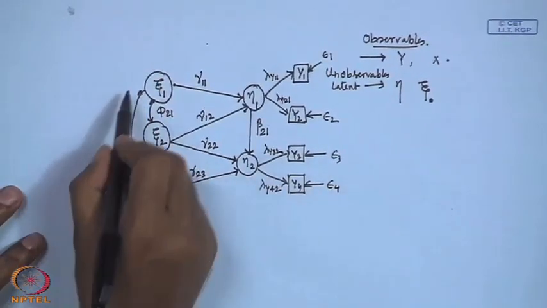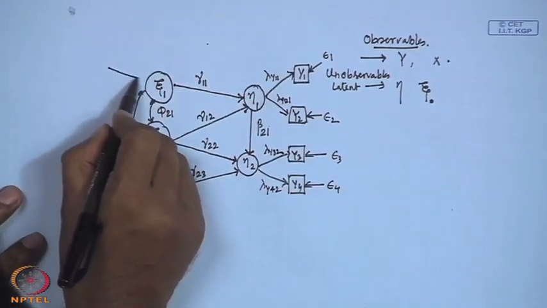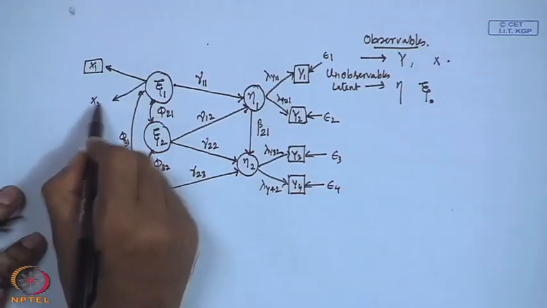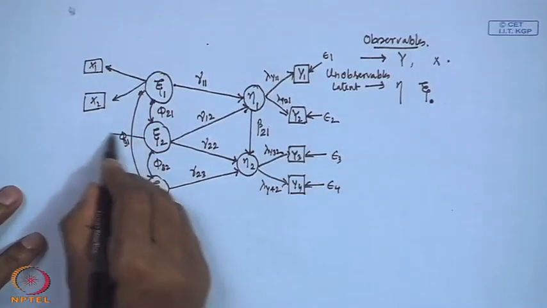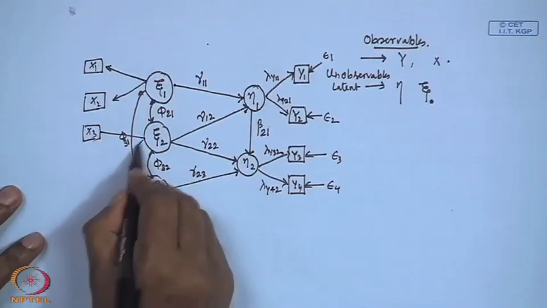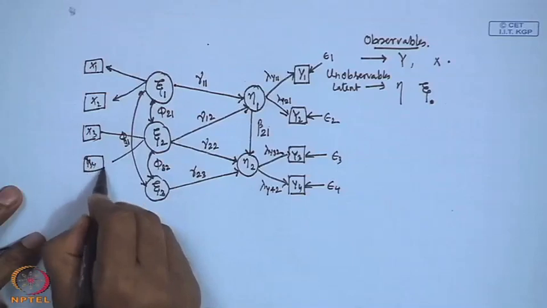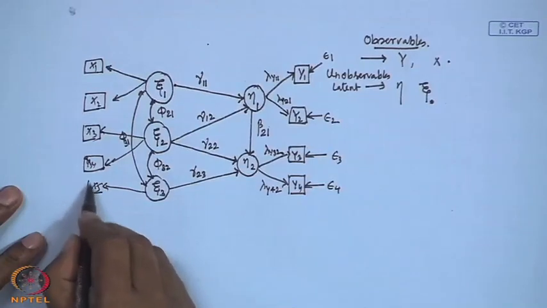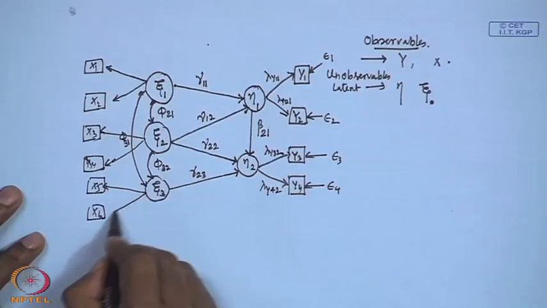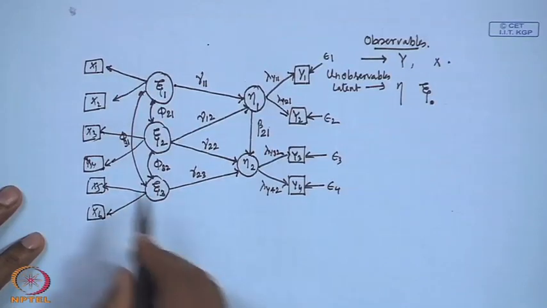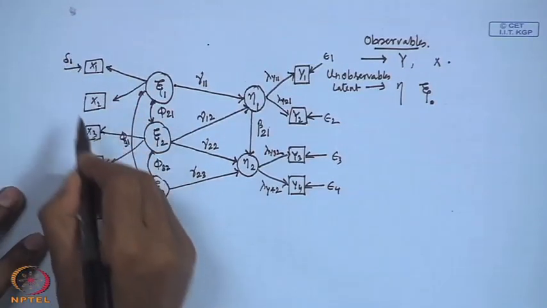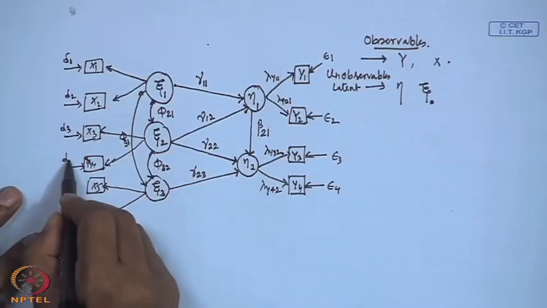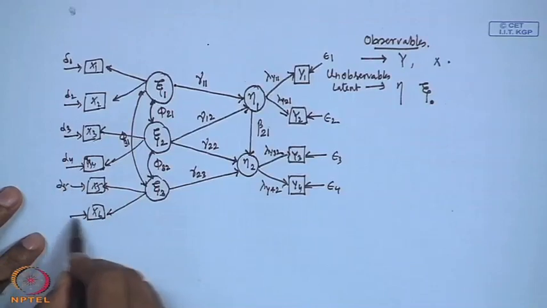So, let us assume that this can be measured by indicator manifest variables x 1, then your x 2, then this is your x 3, this one x 4, then your x 5, x 6, and this side delta 1, this is your delta 2, this is delta 3, delta 4, delta 5, delta 6.